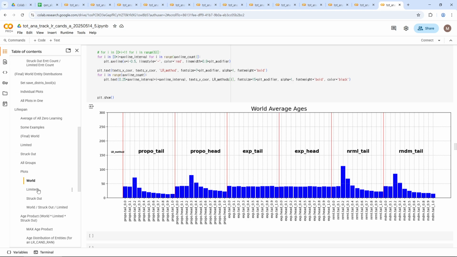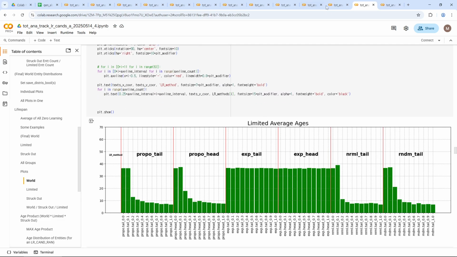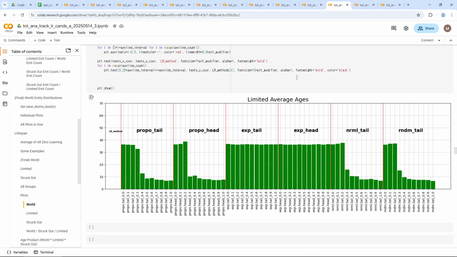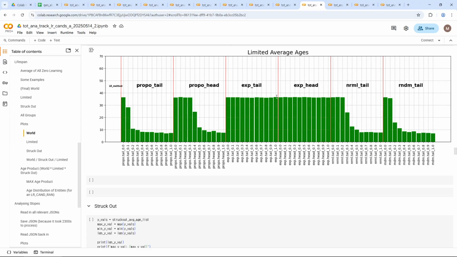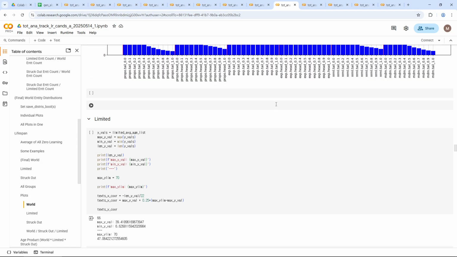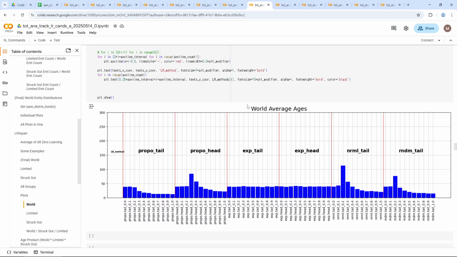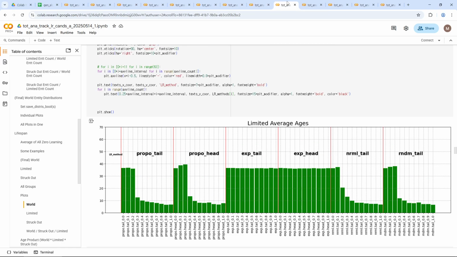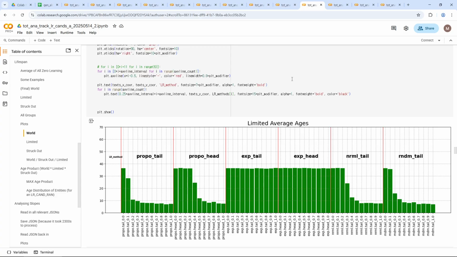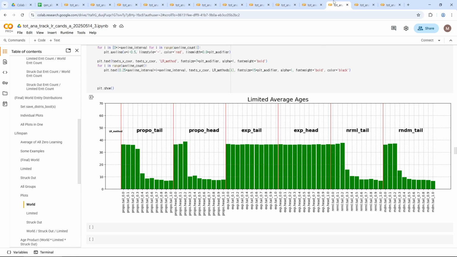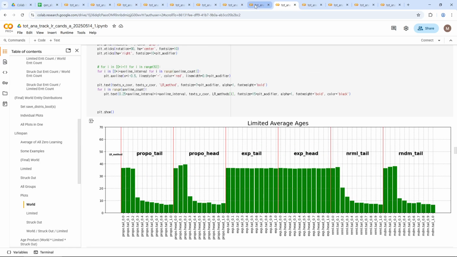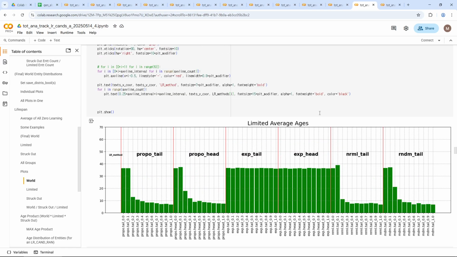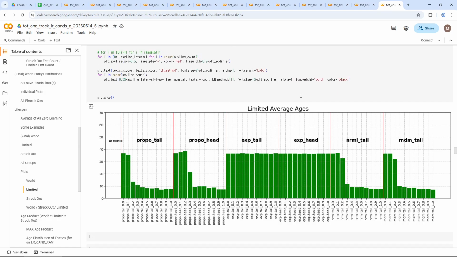Okay, let's have a look at limited. Proportional tail, proportional head, exponential tail, exponential head, normal, random.